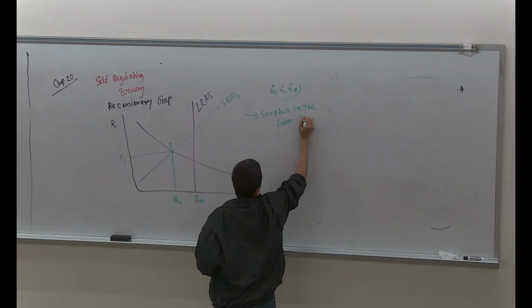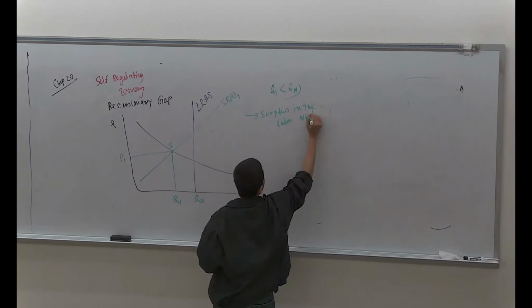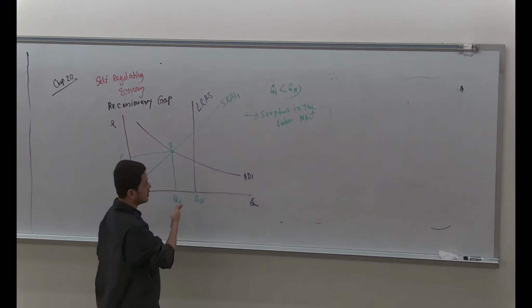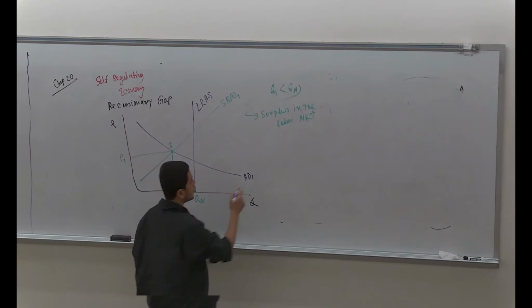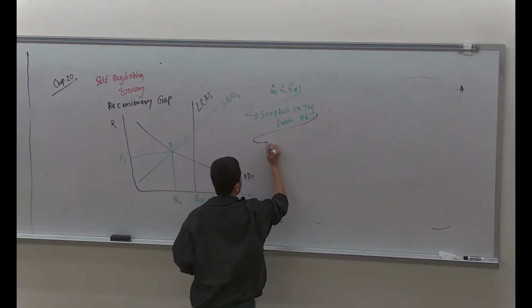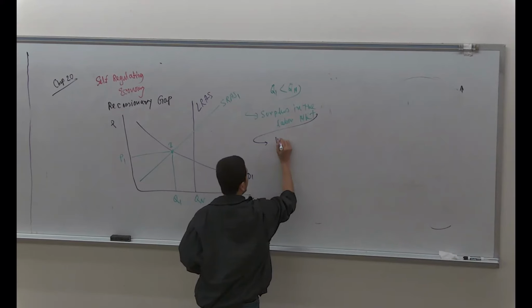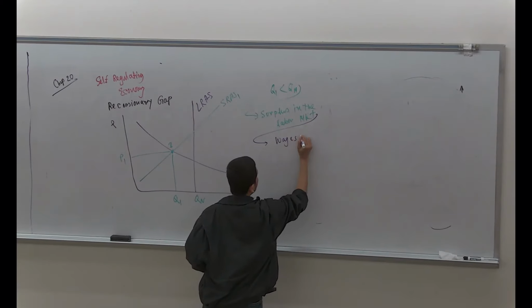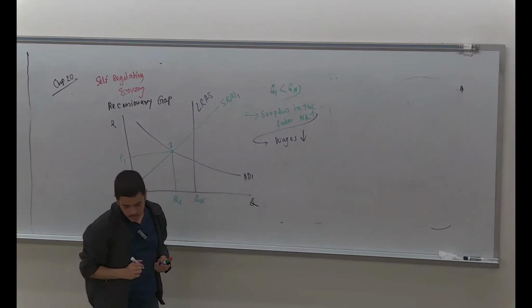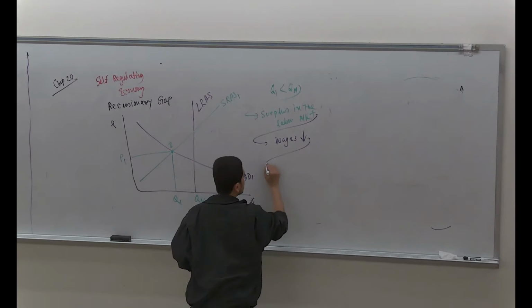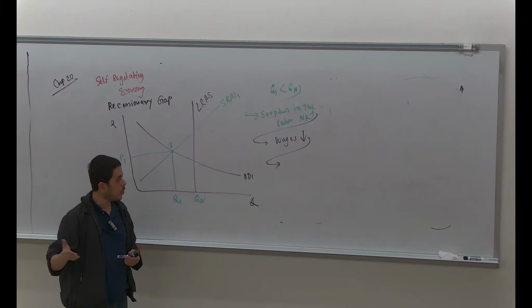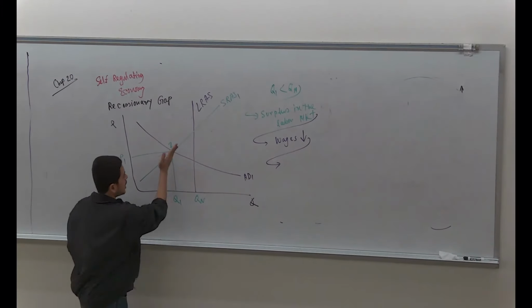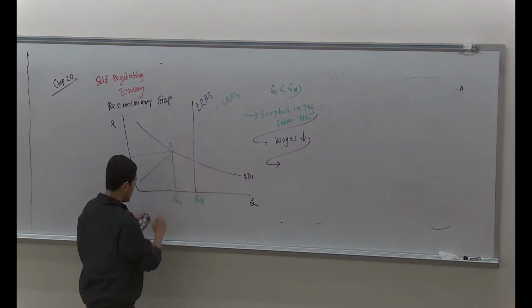When there is a surplus in the labor market, people don't have a job and are looking for one, so they say, okay, we are willing to work at lower wages. So wages fall, and when wages fall, the suppliers see that production cost is lower, so they will increase the supply, and it will increase until we get here.